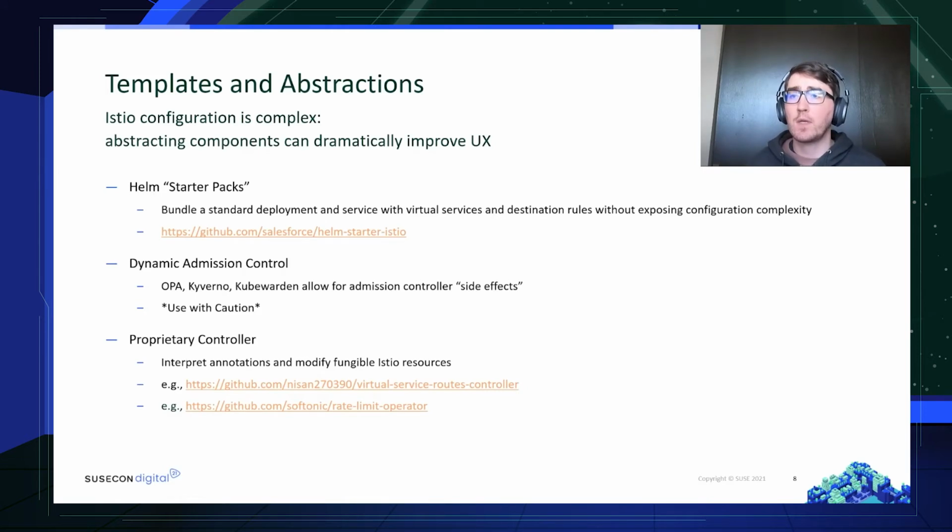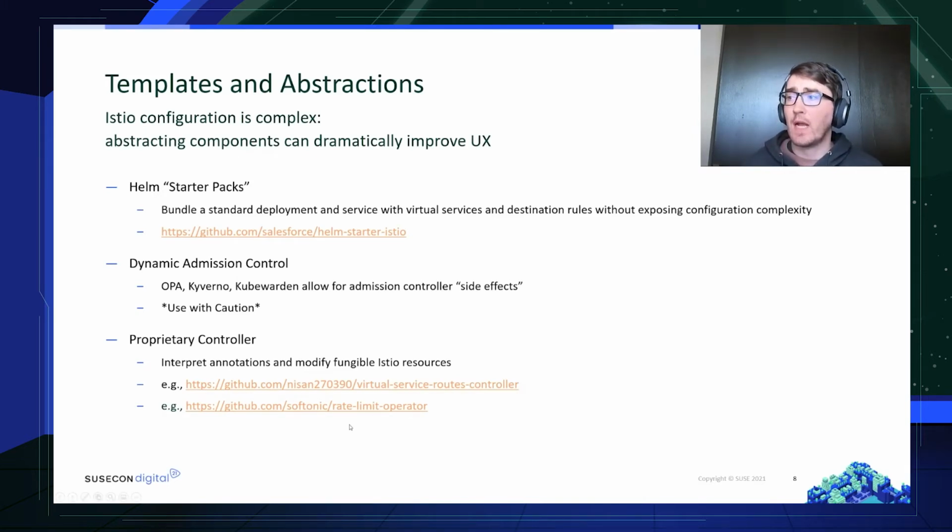And then the second one is going to be a rate limit operator. So you're probably familiar with what a rate limit is. A rate limit in the Istio sense is going to give you a very pointed situation in which you can determine how many requests you want to actually succeed on a given endpoint.